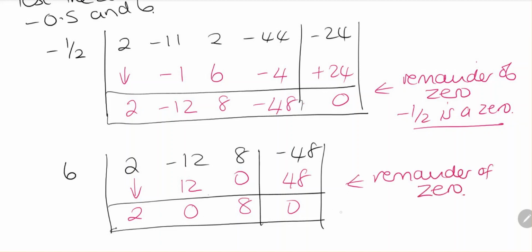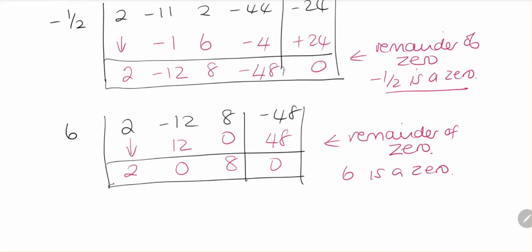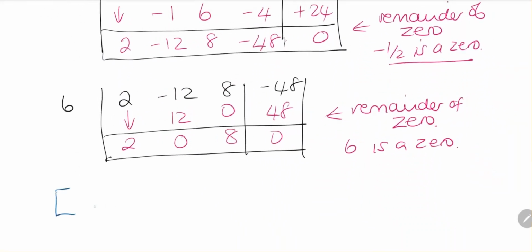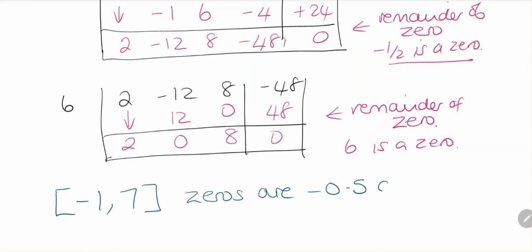So this tells us that 6 is a 0. So our conclusion, the interval is minus 1 to 7, and our zeros are minus 0.5 and 6.